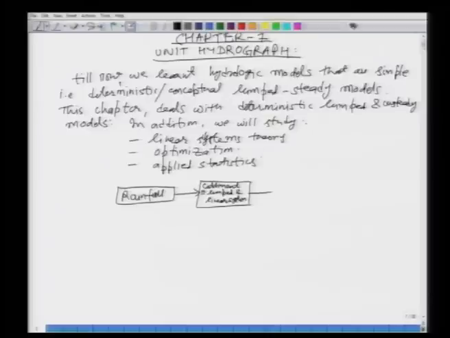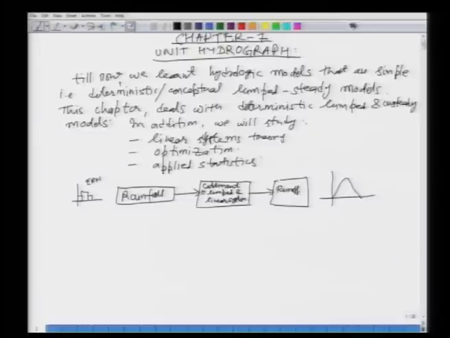And then the output or the response from the catchment is the runoff. The runoff may look like this, and the rainfall you may have in this form. And this is basically your effective rainfall.